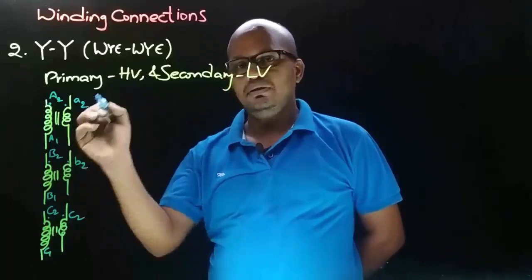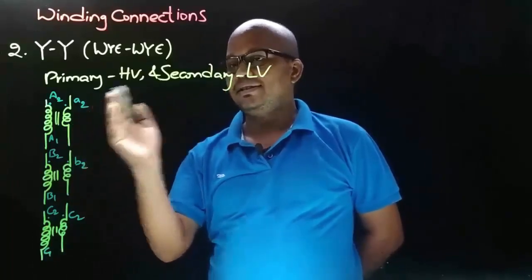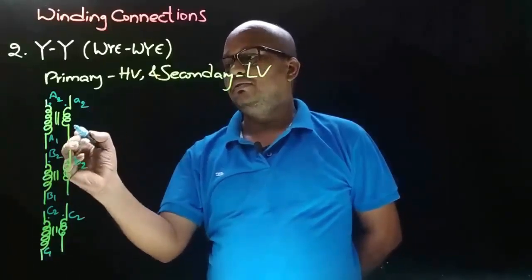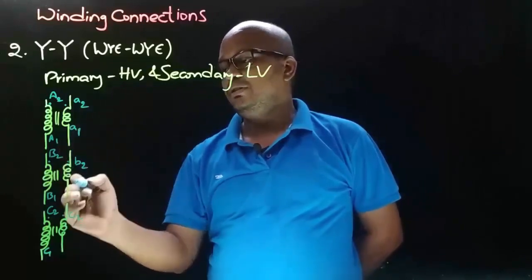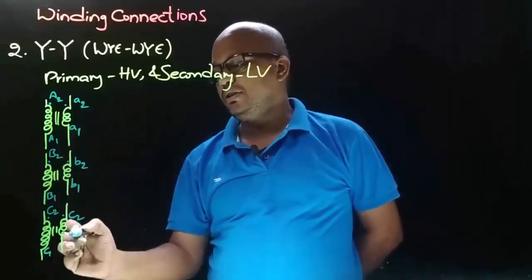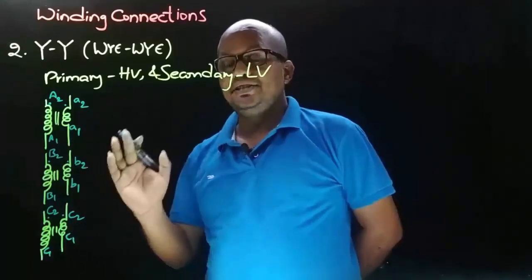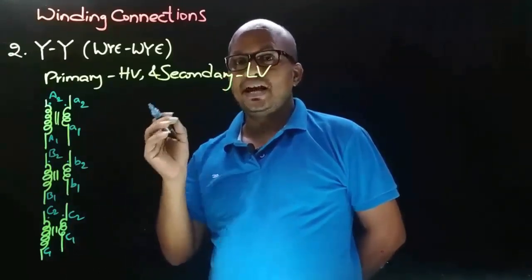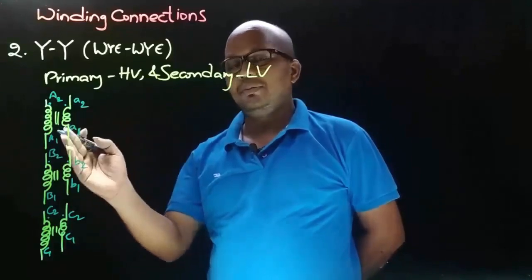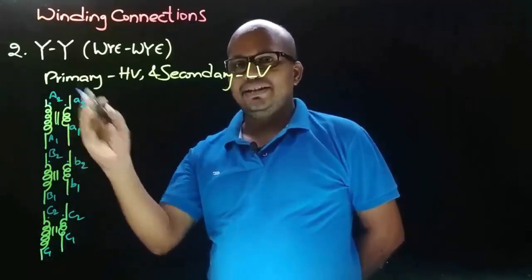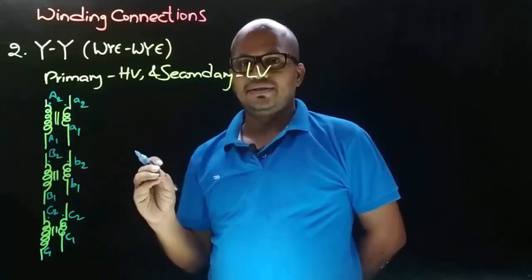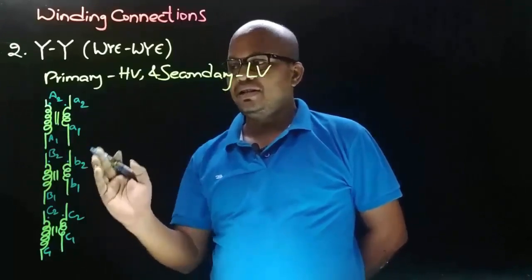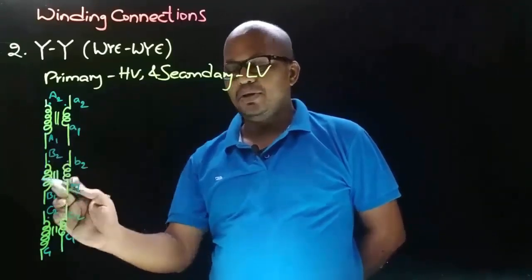And now coming to the LV side, that is secondary side, finishing ends a1 and b1 and c1, and it is discussed that to obtain the star connection we must join the common terminals. So here the common terminals could be starting ends or could be finishing ends, and here we are considering the common ends as A1, B1 and C1.